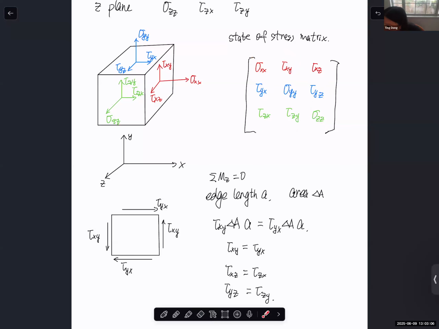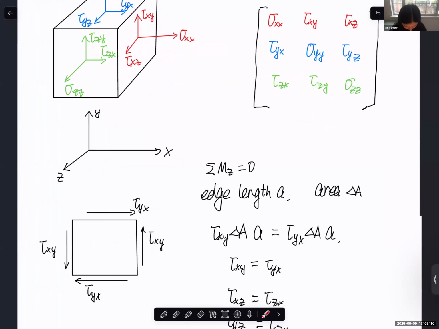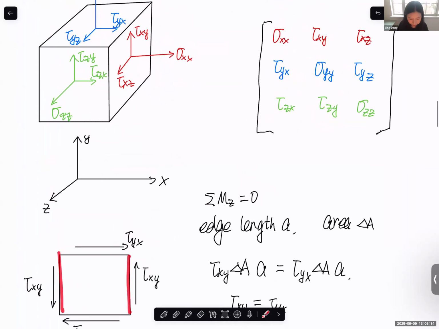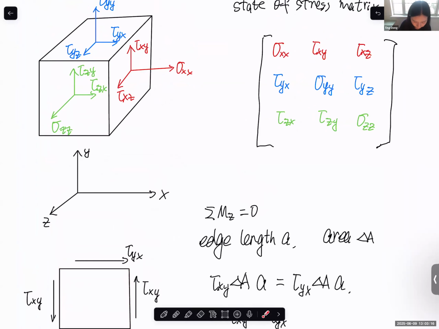Where on the diagram is the edge length and area? I drew this one simplified, so you just go back to here. Here we only check this component, but on the bottom surface we also have tau yx, and on the left surface we have tau xy.